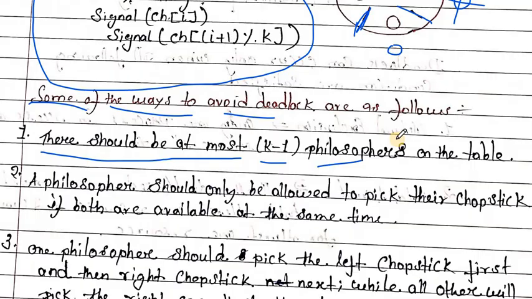Now the second condition is that a philosopher should only be allowed to pick up chopsticks if both are available at the same time.